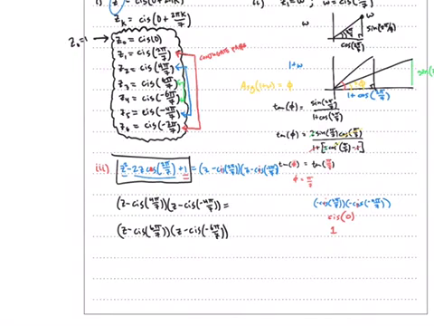I'm going to expand those real quick. That would be z squared minus 2z, oops, I'm sorry, that is cosine 4 pi over 7.